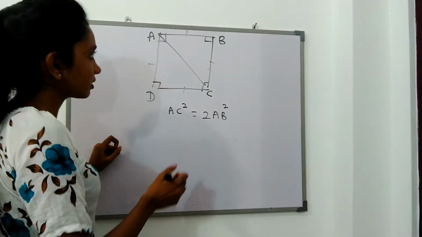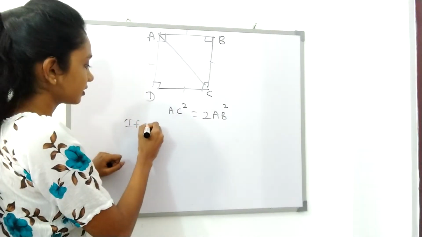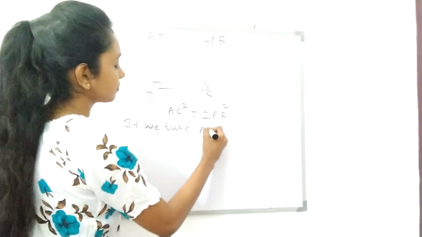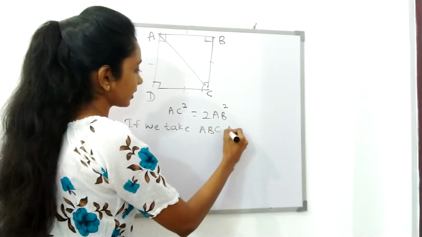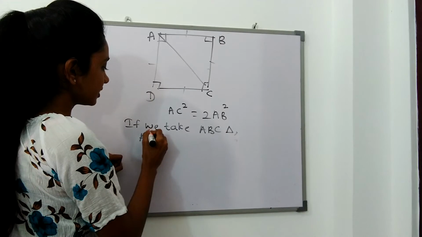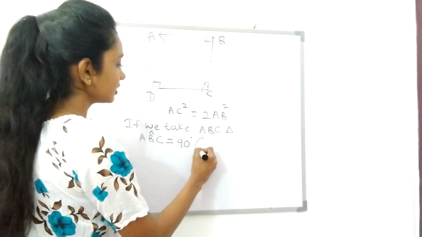So here you can write, if we take triangle ABC, angle ABC is equal to 90 degrees.